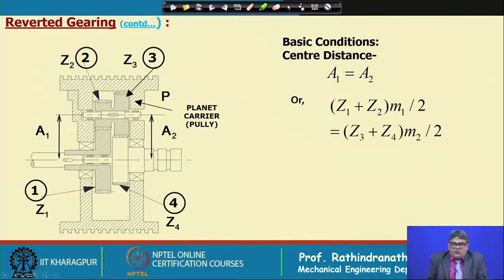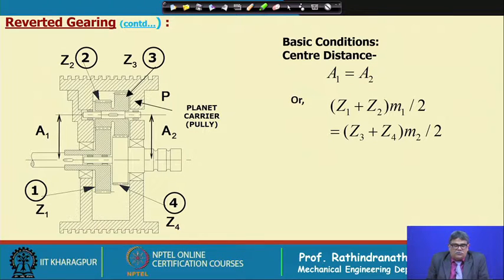Or we can write Z1 plus Z2, that is the teeth number of pinion 1 and planet pinion 2, multiplied by the module of that section, must be equal to Z3 plus Z4 into module of 2, divided by 2.